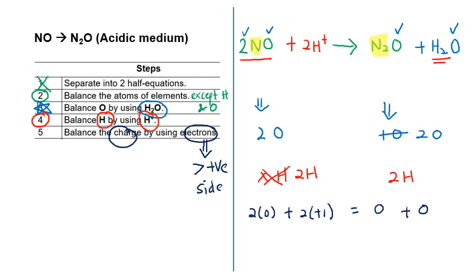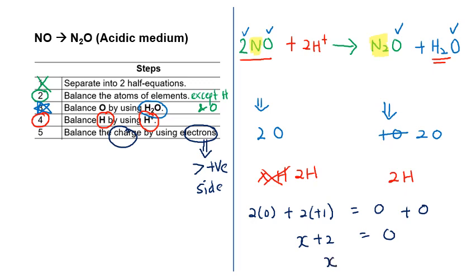So 2 times 0 plus 2 times positive 1, so positive 2 equal to 0. So from here, very obvious, positive 2 and 0, positive 2 is more positive. That means we are going to add the electron at the left hand side.